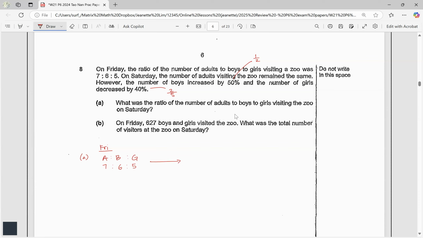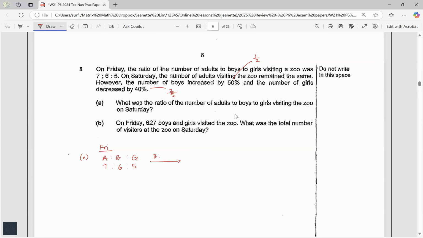So for the boys, instead of using percentages, I use fractions, which will be less confusing. Students tend to combine the percentages unnecessarily, so I just change it to fractions to avoid that.